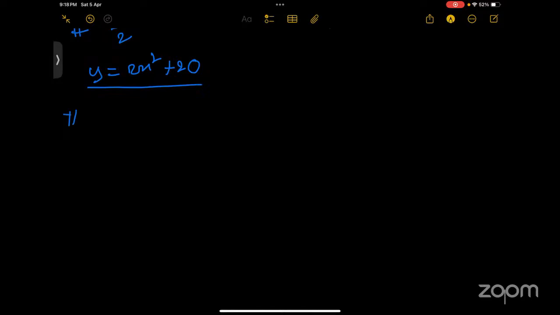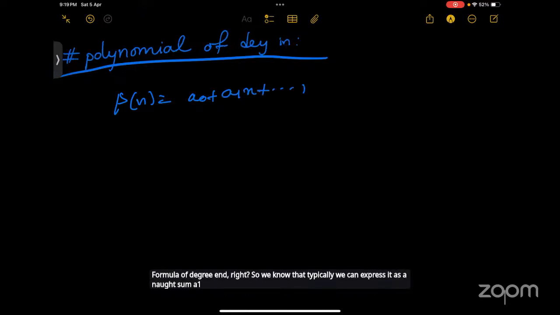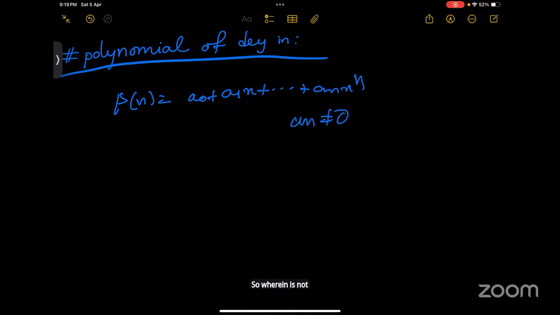Now we can come to a polynomial of degree n. Typically we can express it as a0 plus a1 x plus up to an x power n, where an is not equal to 0, so the maximum degree of the polynomial is n.